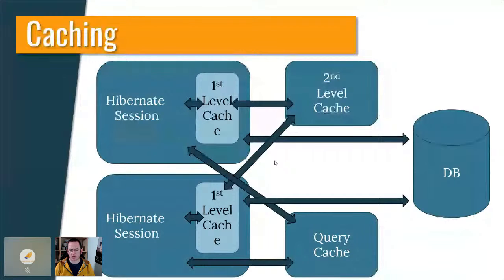What did I talk about before that? The query cache. The query cache is Hibernate specific, and it contains query results. That's the only cache that contains query results. The problem there is that the query cache gets invalidated quite often. Hibernate has to invalidate the query cache for all query results that affect a specific database table as soon as you perform any write operation on that table.